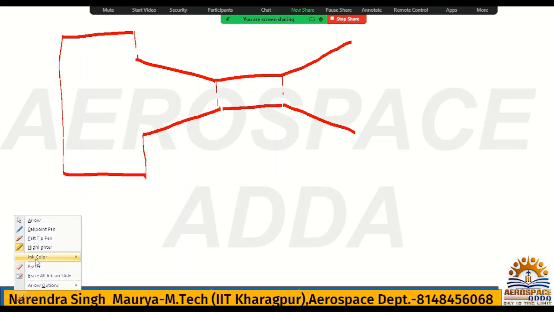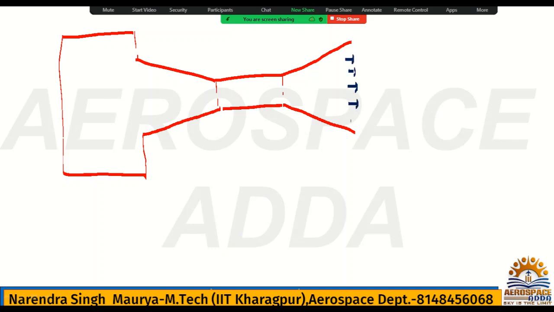Here is the back pressure, and here is the exit pressure. PB is given as 1 atm. AE is the exit area, and the mass flow rate m dot is rho E AE VE.